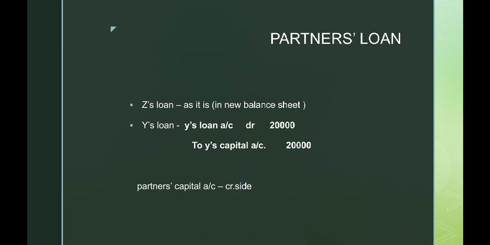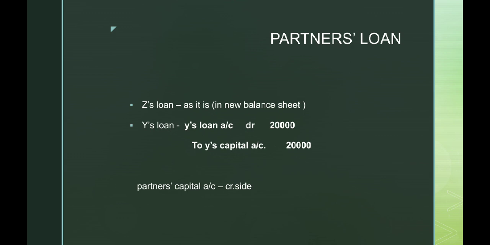We are done with capital accounts and general reserve, and now it is about partner's loan. First of all, how many partners are there? There are three: X, Y, and Z. Y is the partner going to retire, and Z is going to continue with the firm.